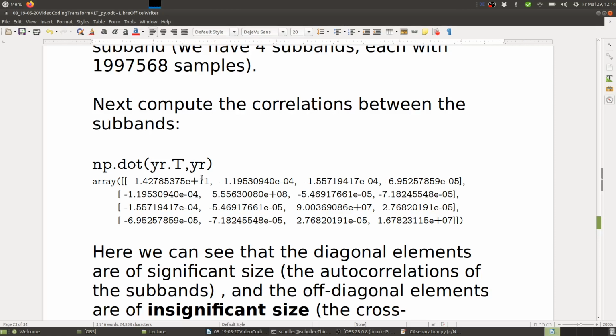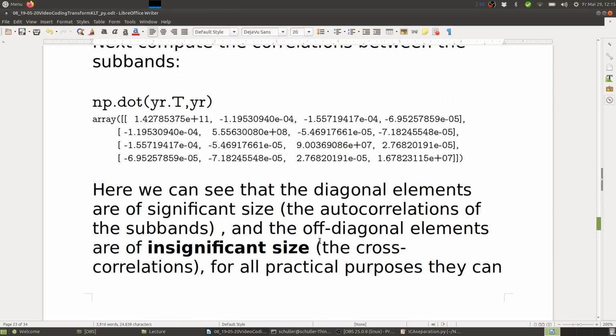And we know that Python has an accuracy of about 10 to the minus 16. So this actually fits the computation accuracy of Python. We can assume that those relatively small values on the off-diagonals are rounding errors. In reality they are all zeros, but they appear as non-zero because of rounding errors.